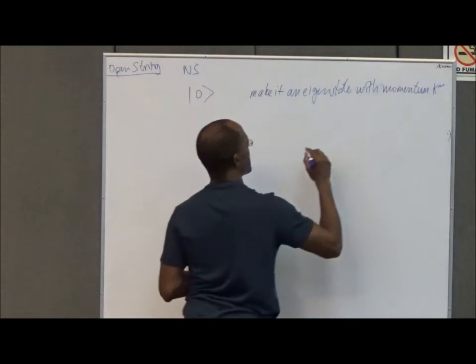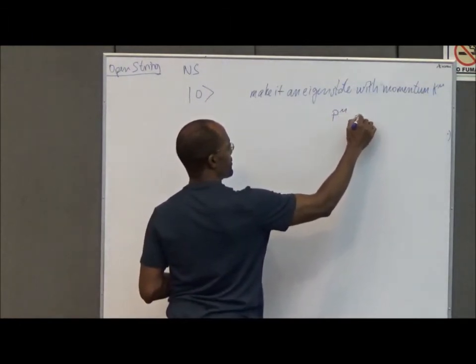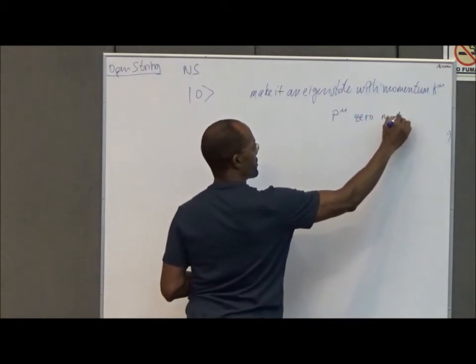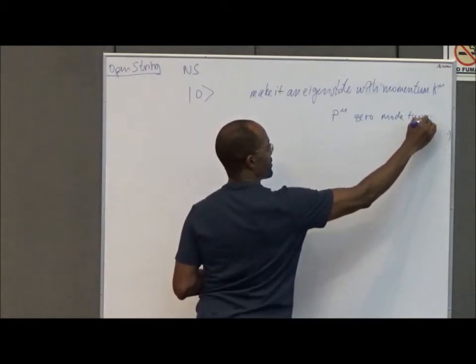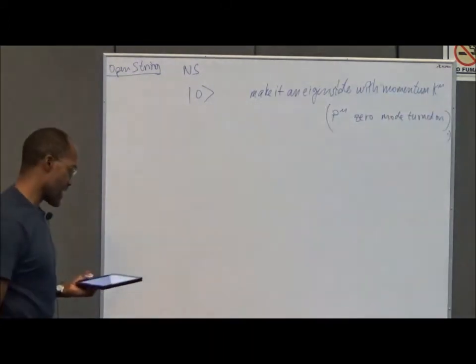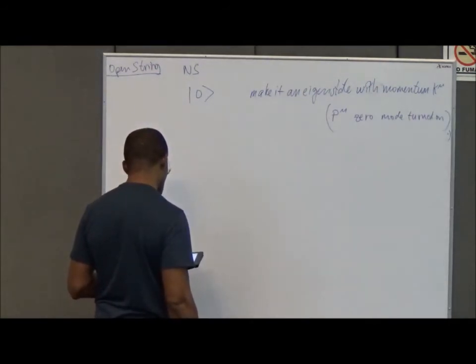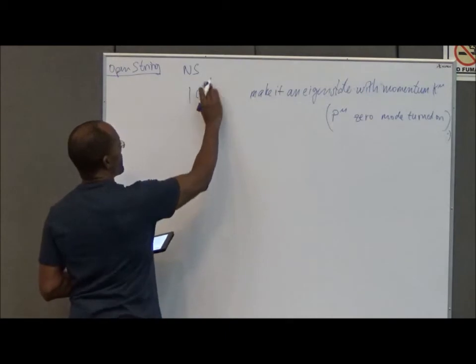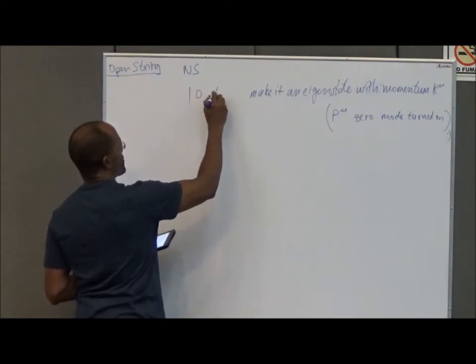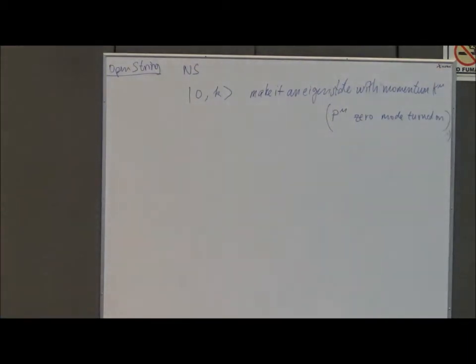So the P zero mode is turned on, and I'm calling the amount k. Let me adjust my notation so that I remember that I have some momentum k in general. So the zero is standing in for: I haven't turned on any oscillators, but I have some momentum k.